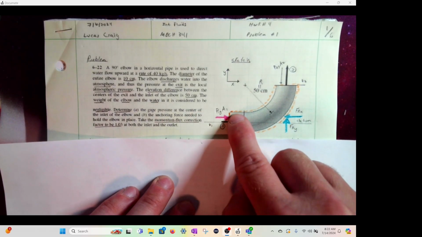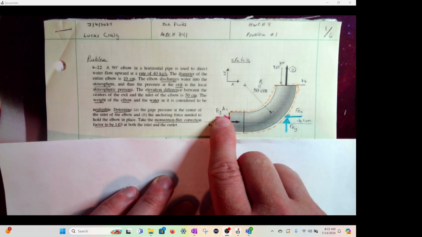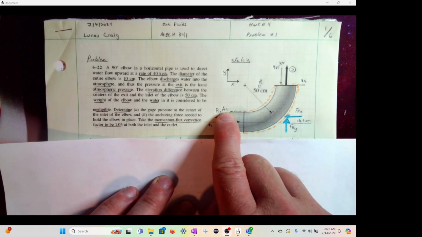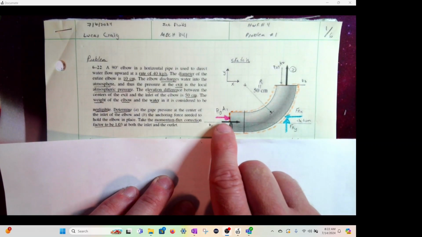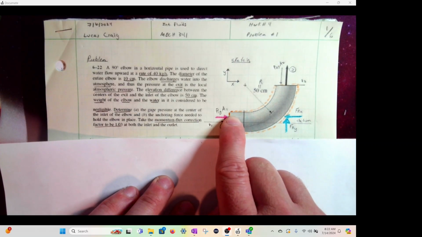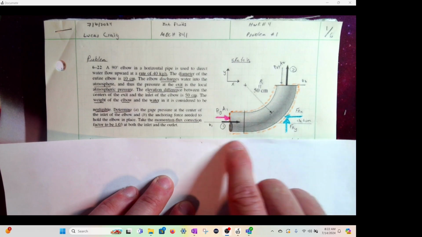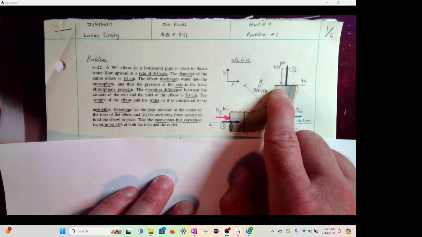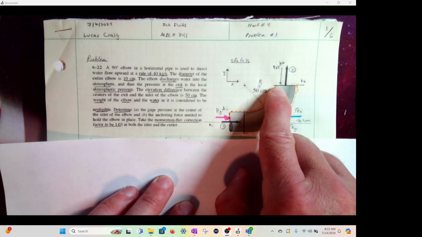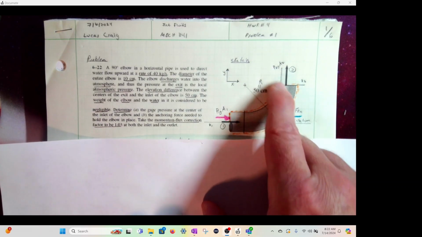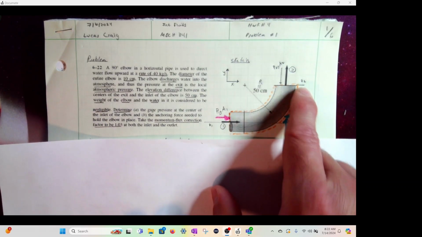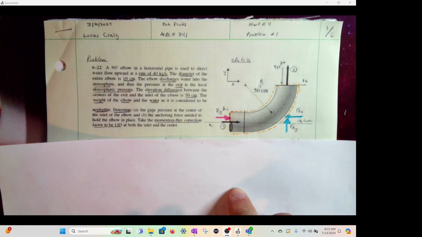So this pipe is cut here. There is a pressure force times an area that's causing this flow to go this way. It's acting perpendicular to this control volume, which I've created as a dotted orange line. And then over here, there's a pressure force going down. And again, it's perpendicular to this control volume.